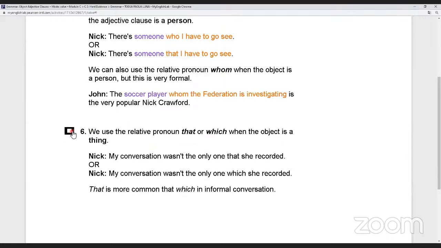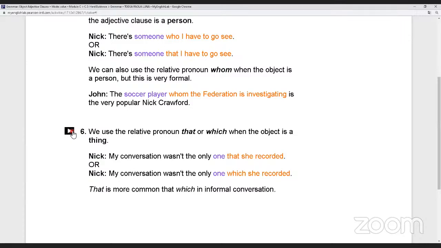We use the relative pronoun that or which when the object is a thing. My conversation wasn't the only one that she recorded. Or, my conversation wasn't the only one which she recorded. That is more common than which in informal conversation.